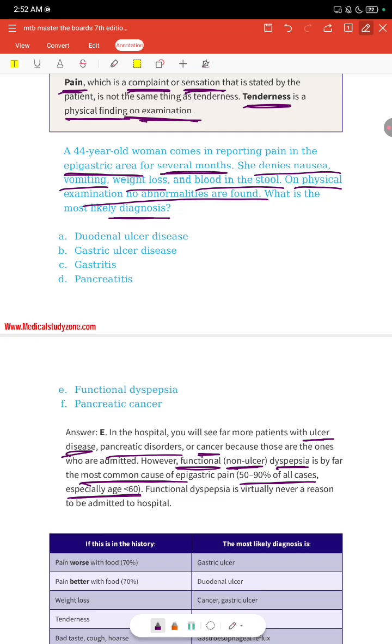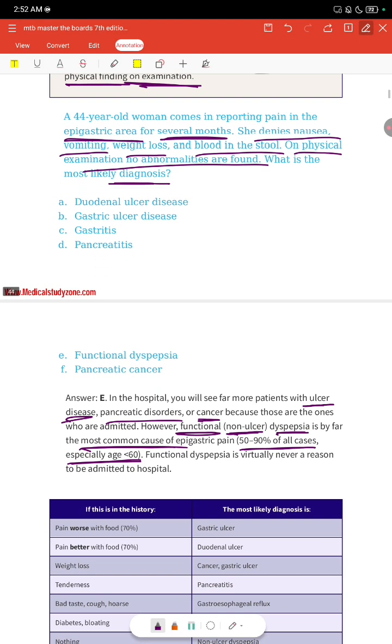Functional dyspepsia is virtually never a reason to be admitted to a hospital. So the answer is E, functional dyspepsia.